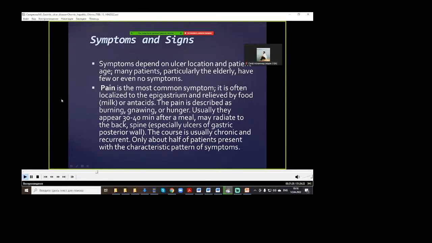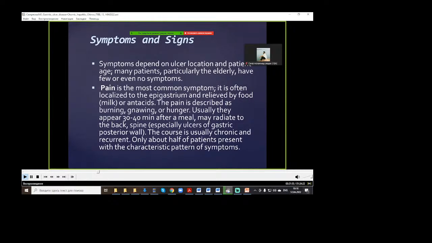Symptoms. Symptoms depend on ulcer location and patient age. Many patients, particularly the elderly, have few or even no symptoms. But the most important symptom is pain in the epigastric region. It is often relieved by food, milk intake for example, or antacids.